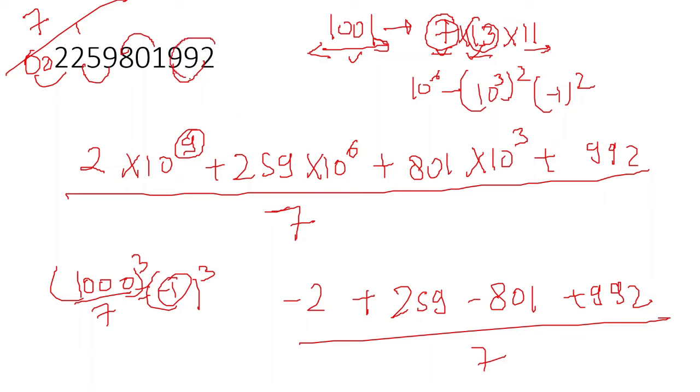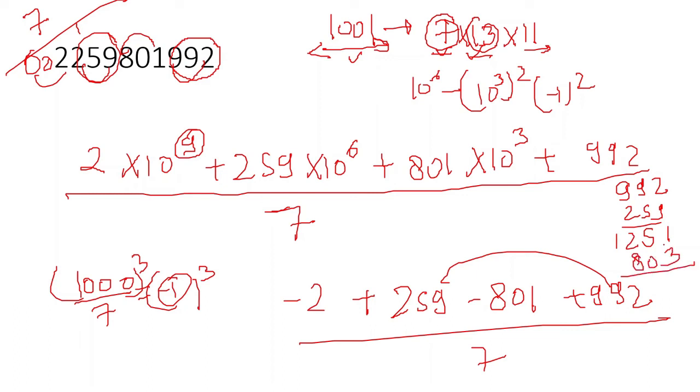Sum of the digits taking 3 at a time at odd places subtracted from the sum of the digits at even places. Taking 3 digits at a time, you can say alternate, or even and odd. So you can see here this is added and that is subtracted from this. So let's add this thing. 992259, that is 11, that is 15, that is 12, and this is 803.